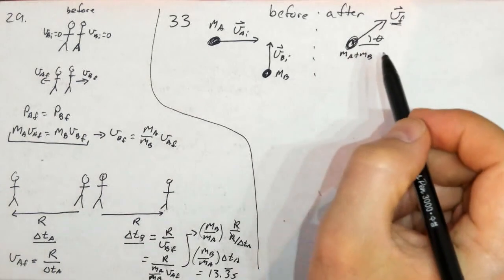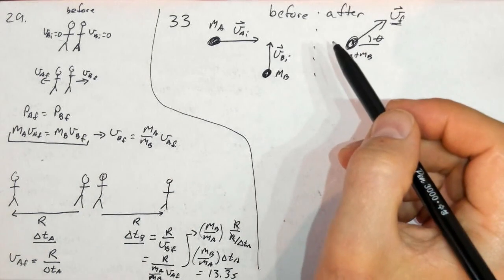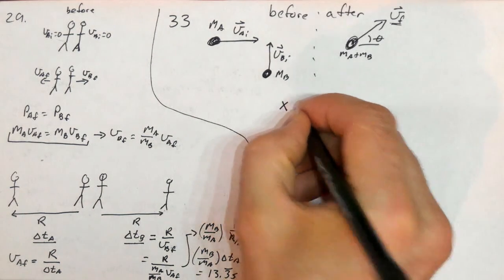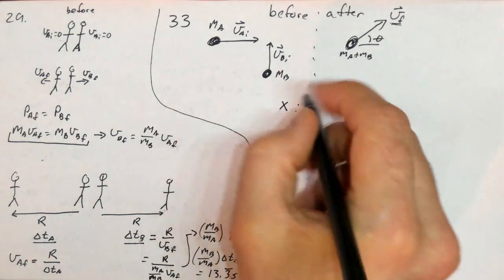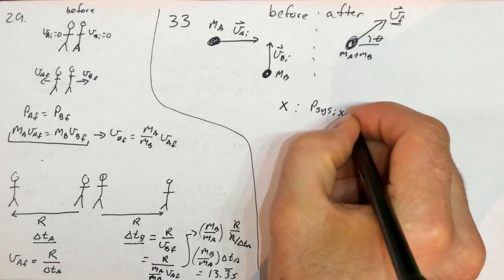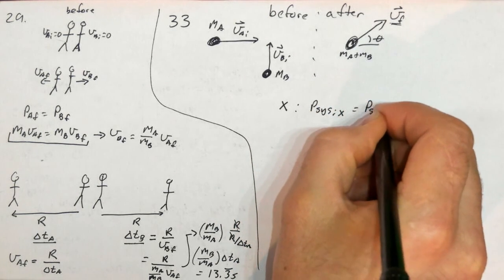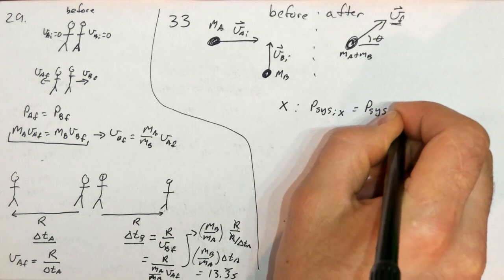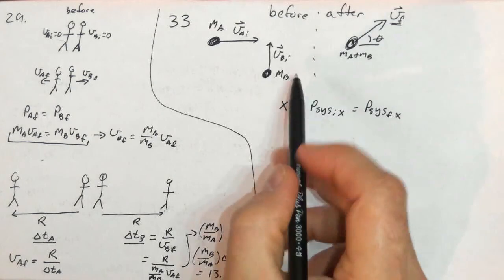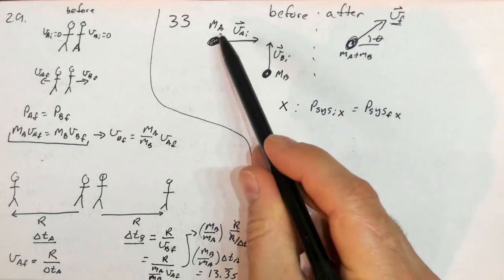We apply conservation of momentum in two dimensions, one for each dimension. So if I consider the x direction, then I say P system initial x must equal P system final x. Well, initially, the only thing that's got x momentum is this one.